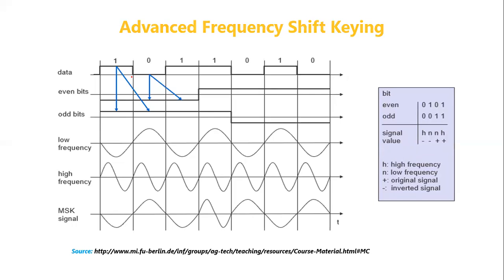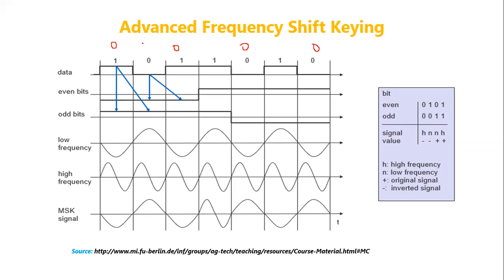Say this is the data which we want to transmit: 10111010. First we have to separate the even bits and the odd bits. This is an odd bit, this is an odd bit, this is an odd bit, and this is an odd bit.